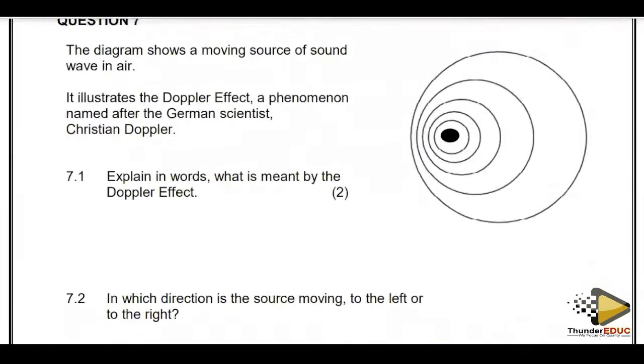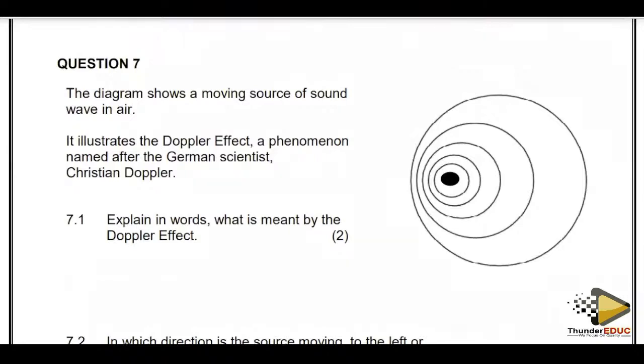Okay, let's have question number 7, which is talking about the diagram below showing a moving sound source, a moving source of sound waves in air. It illustrates what we call the Doppler effect, a phenomenon named after this scientist.